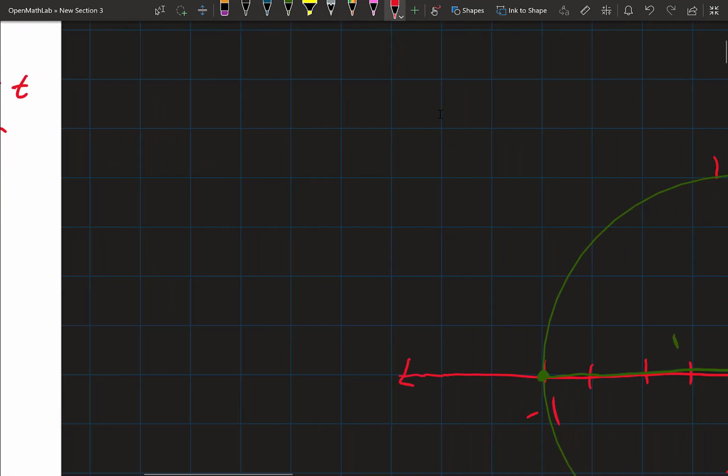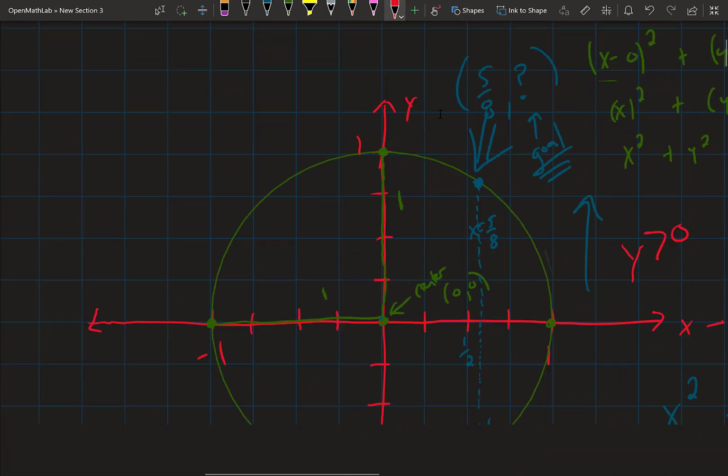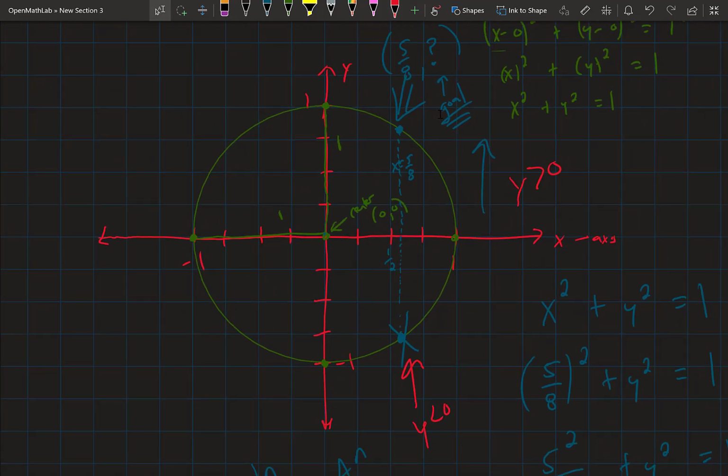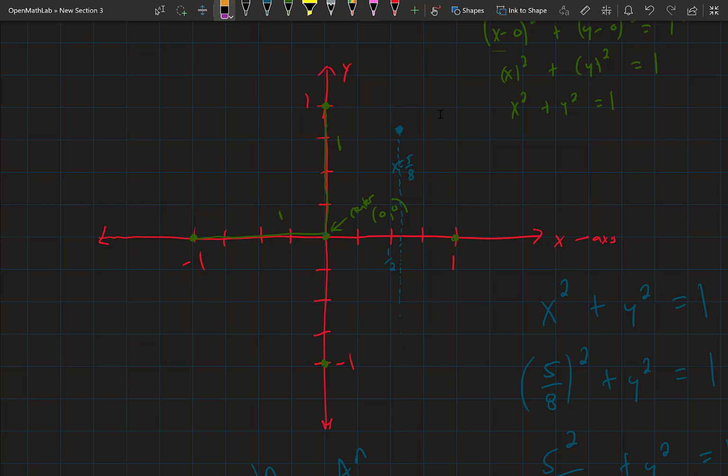Let me draw on here for you a few things, so this is making some sense. So I'm just going to get rid of some things we had written on this unit circle.